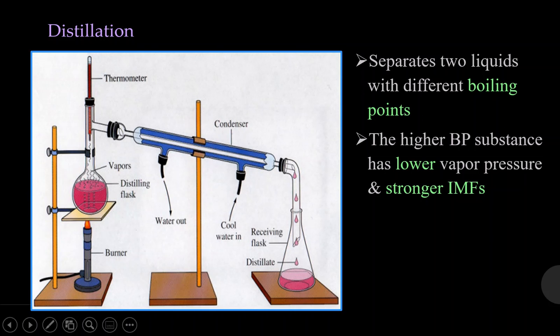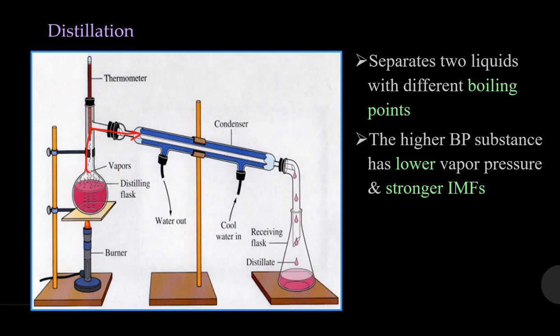Once the one with the lower boiling point, which has weaker forces, starts to vaporize, it goes up, and then it comes down into the condenser. Now what you should notice about the condenser is there's an inner tube and an outer tube. The inner tube is where the newly vaporized gas is going to turn back into a liquid.